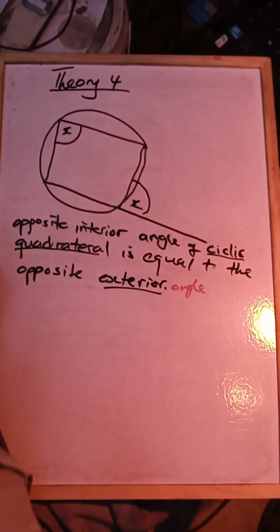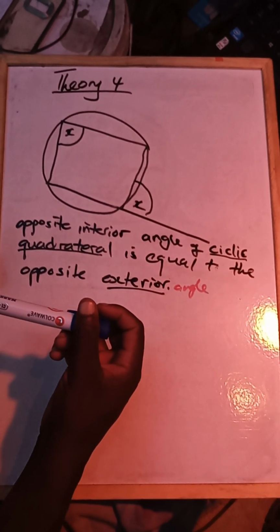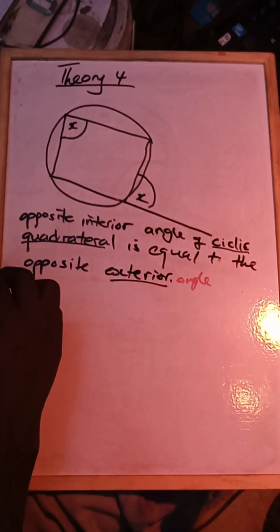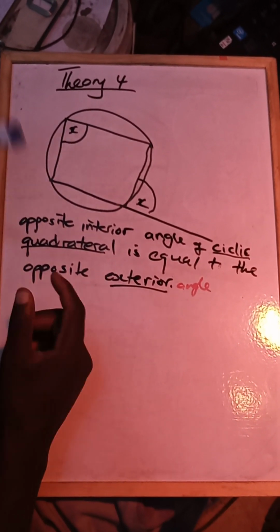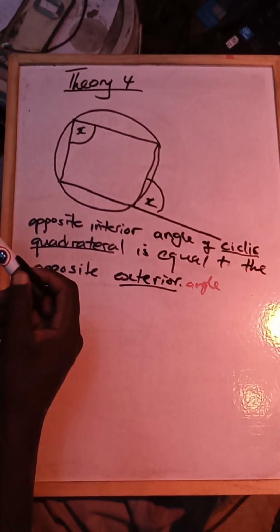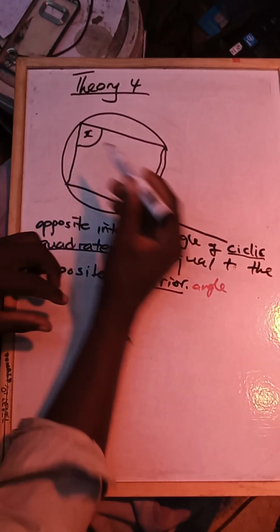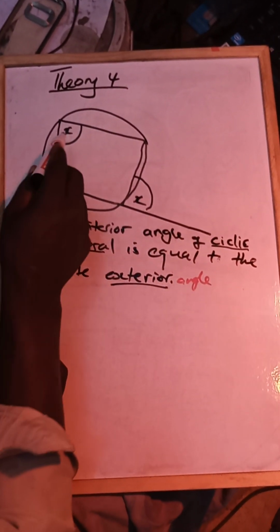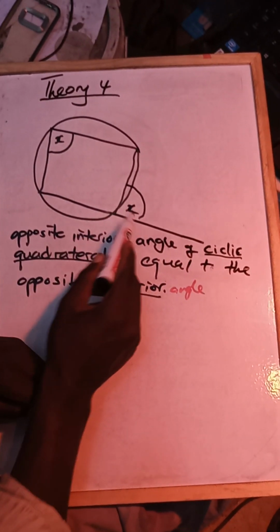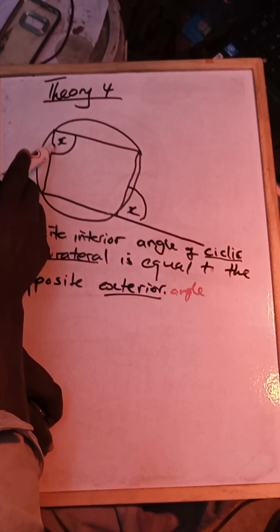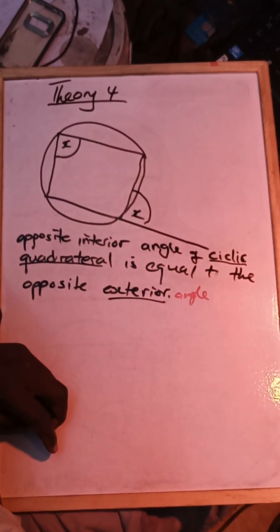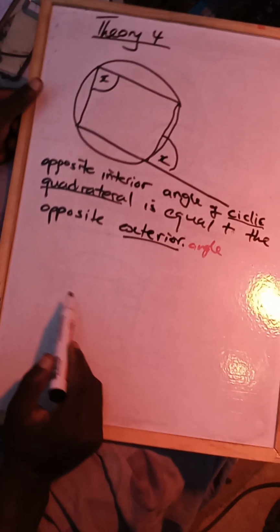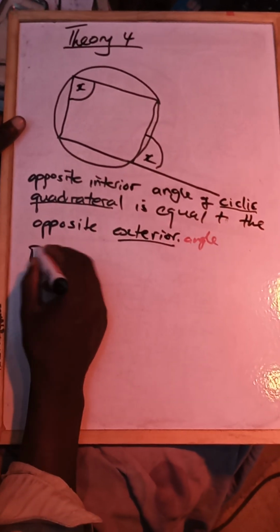Now, let us get deeper, and I want to prove this with a particular example so that we understand it better. If this is x, this is x as well. So if this is 10, this is 10 as well. If this is 30, this is 30 as well, right? Let's have a simple example here.